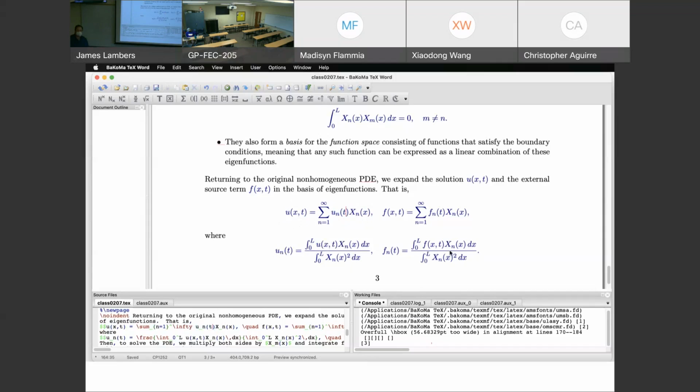You might have to use integration by parts. But as I've shown you in the previous example, sometimes you can get around this if your u of x, t or your f of x, t has a certain nice form. Then you can figure out what these coefficients are without having to actually evaluate integrals. It just depends on the example. All right, so we know how to get these expansions.